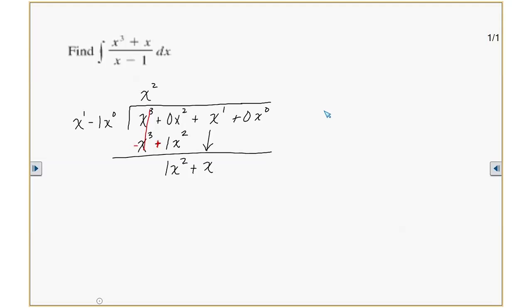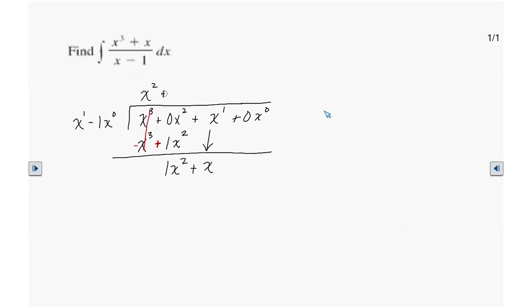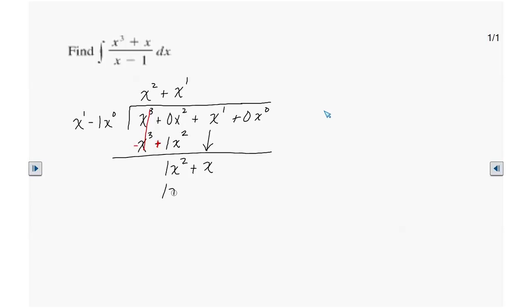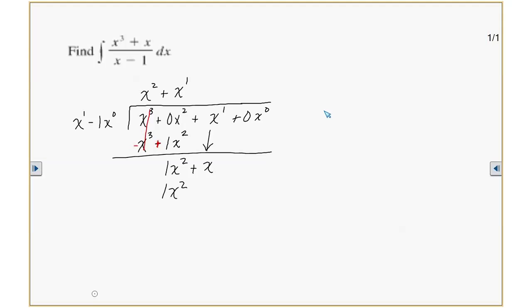Okay? How many times will x to the first go into x squared? X to the first times x to the first is x squared. X to the first times negative 1x to the 0 is negative x to the first. Thank you, class.